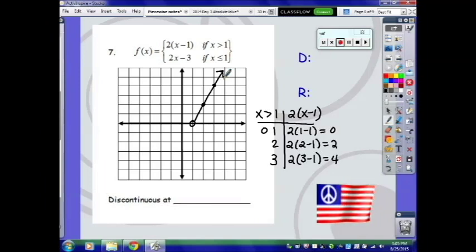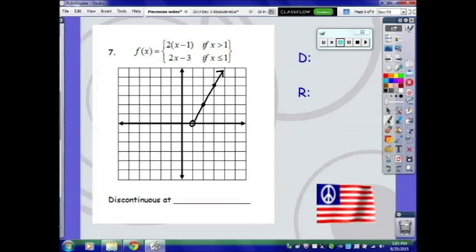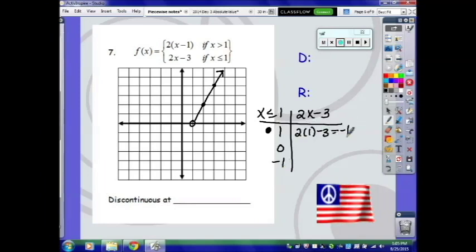Alright, let's graph that second piece. Give myself some room here to work. Alright, so what are we going to do? When x is less than or equal to 1, we're going to graph 2x minus 3. Alright, so we're still going to start this thing at 1, but we're closed now because it's less than or equal to. We want less than, so let's do 0 and negative 1. Alright, plug in 1. 2 times 1 minus 3 is negative 1.